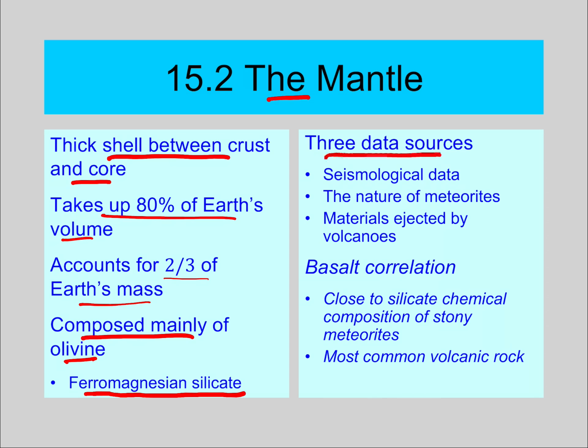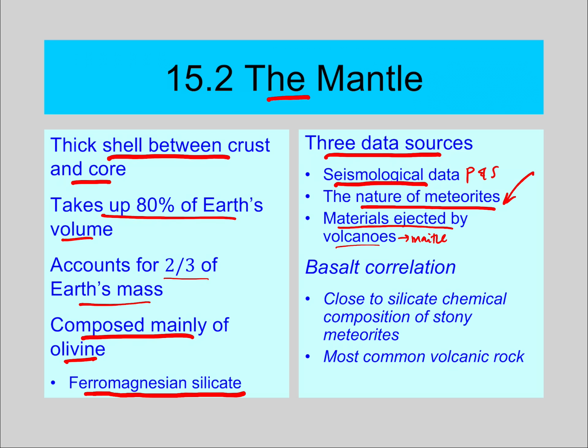We have three data sources that tell us about the nature of the mantle. One is seismological data, so using P and S waves. The other is the nature of meteorites, so things that come in from outer space. And we also know something about the materials that are ejected by volcanoes, because these are coming from the upper part of the mantle.